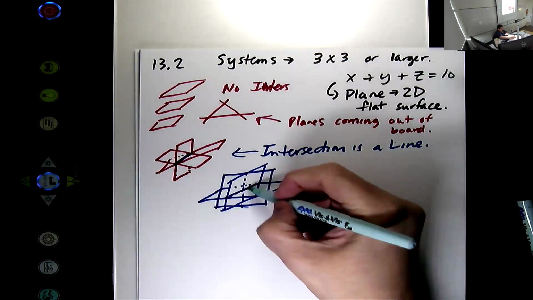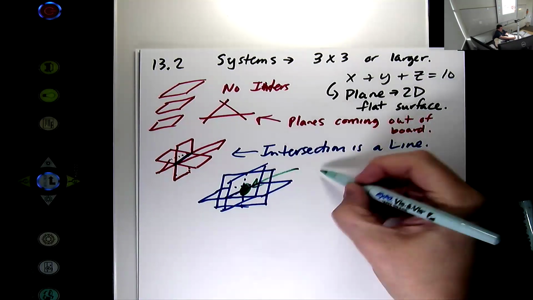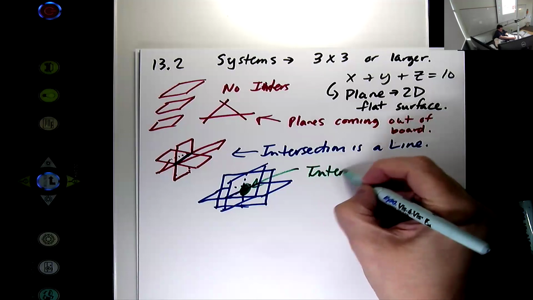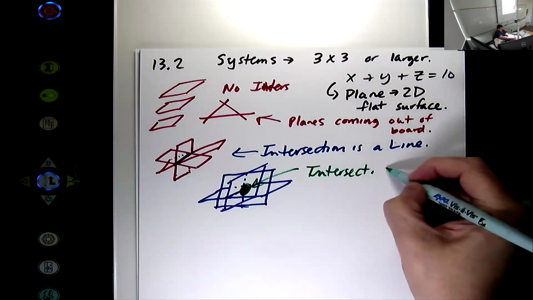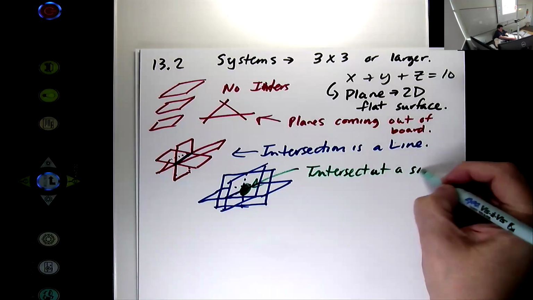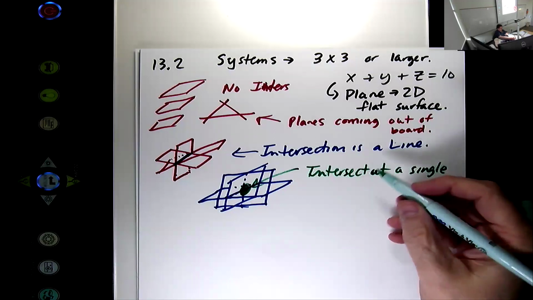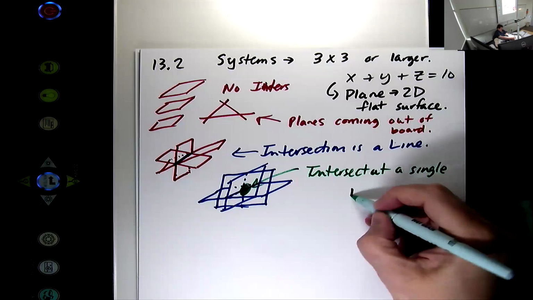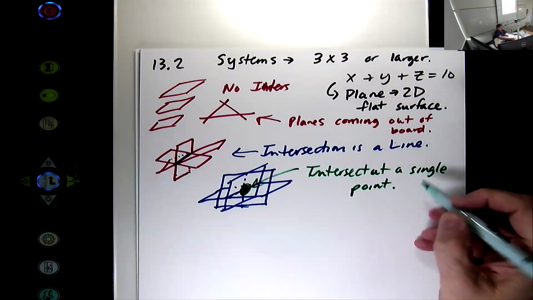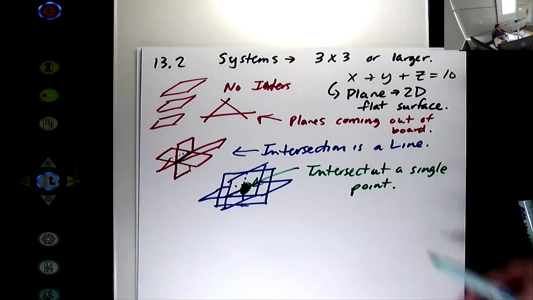They only intersect at a single point. They don't all have to be perpendicular for this to happen. And when you're doing planes, you don't actually say perpendicular. We say orthogonal, but that's 3D calculus.